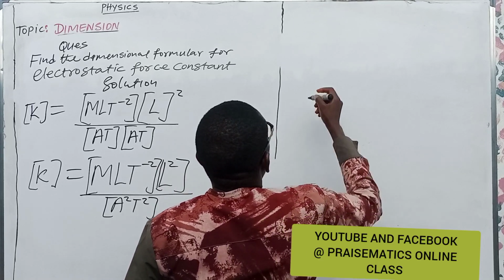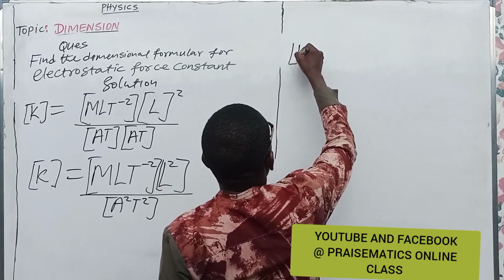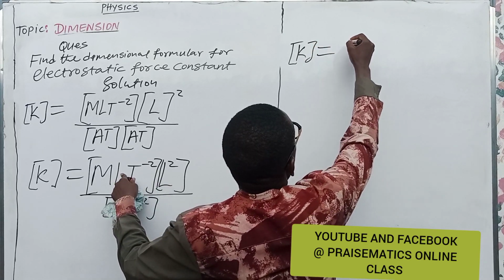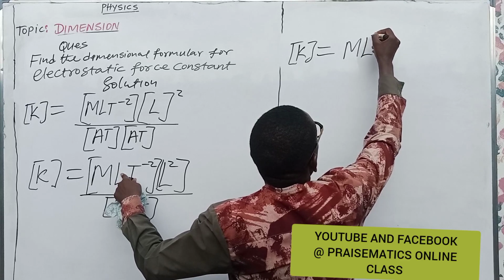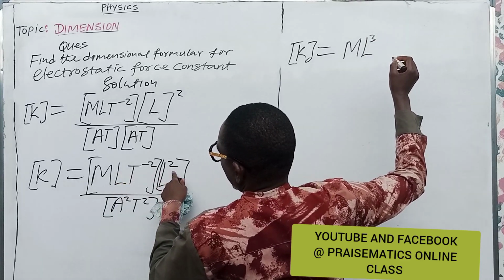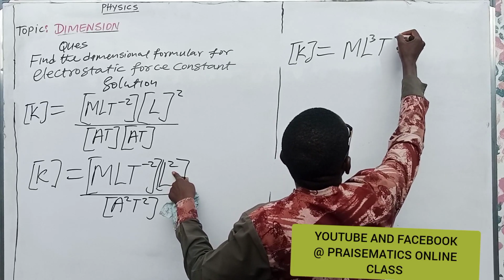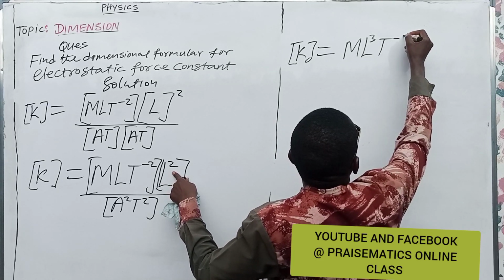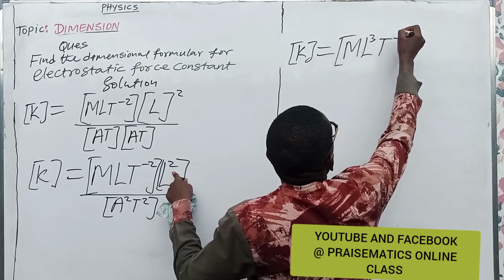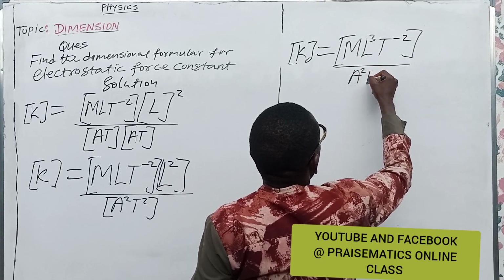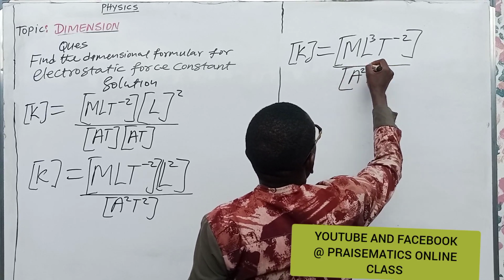Finally, what do we have? The dimension of the force constant is equal to L times L squared, which gives M into L to the power 3, T to the power minus 2, all over A square T square.